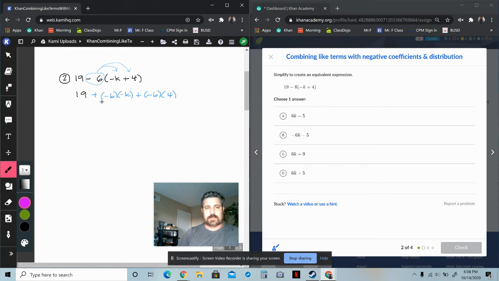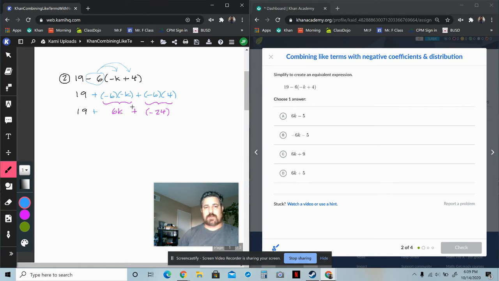What is negative 6 times negative k? That's positive 6k. What is negative 6 times positive 4? That's negative 24. So ultimately what you have here is 19 and you're adding to that positive 6k and negative 24.